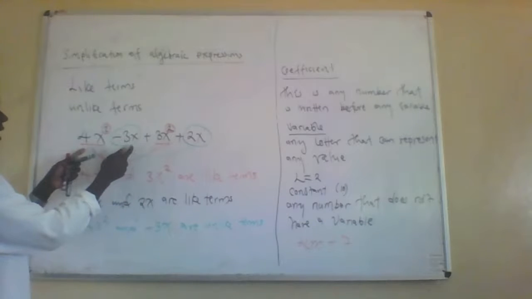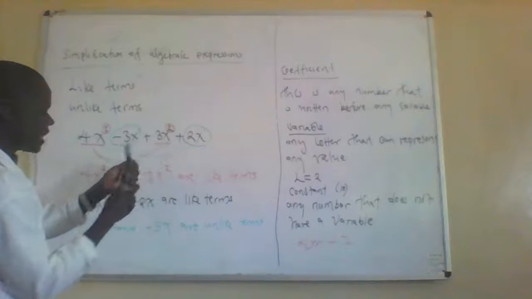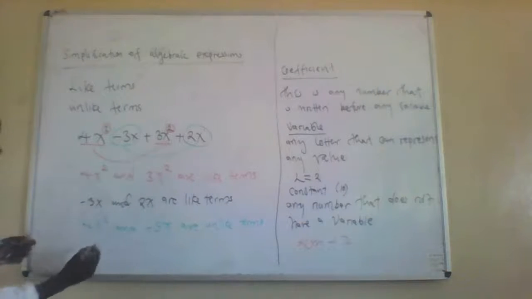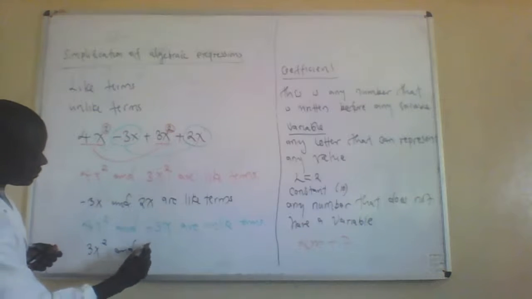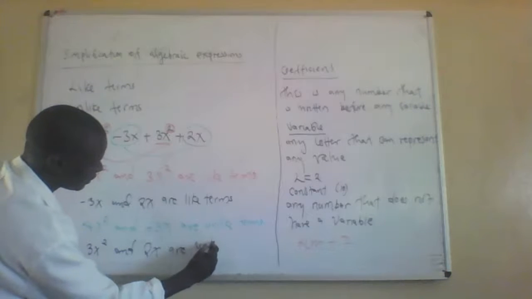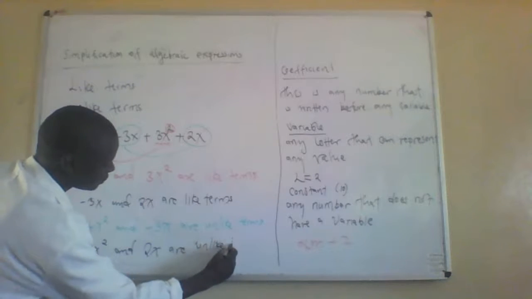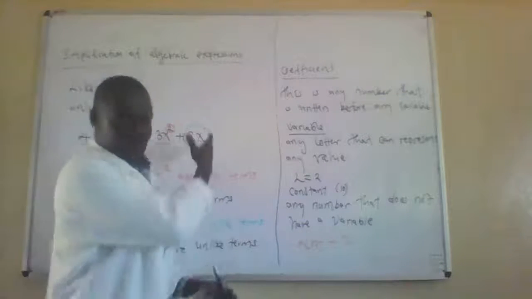These are unlike terms. In a similar manner, even these other two terms are also unlike. So the other thing we can say is that 3x squared and the 2x are also unlike terms. But why is this important?